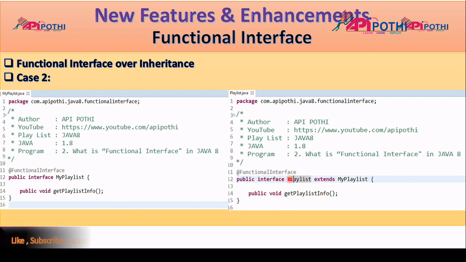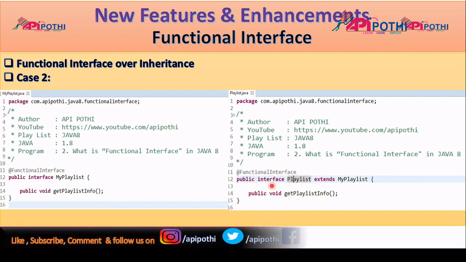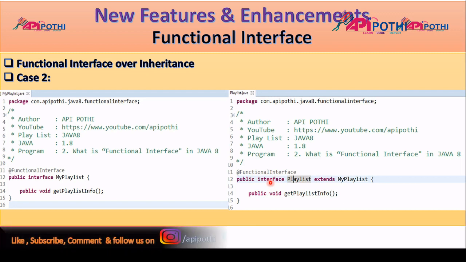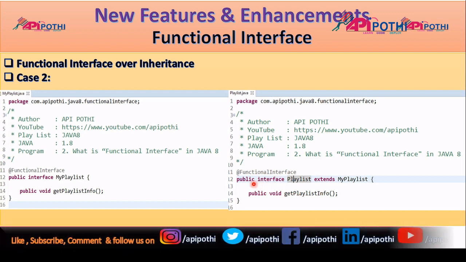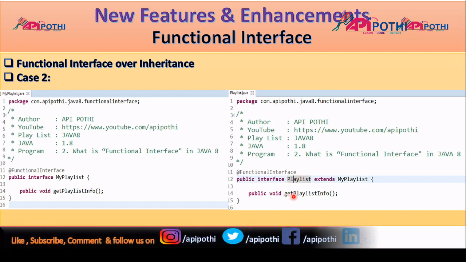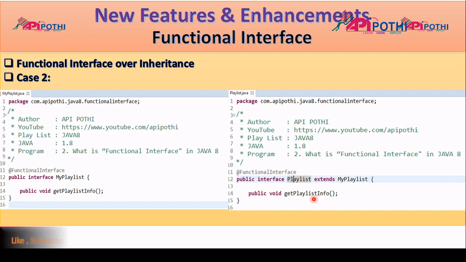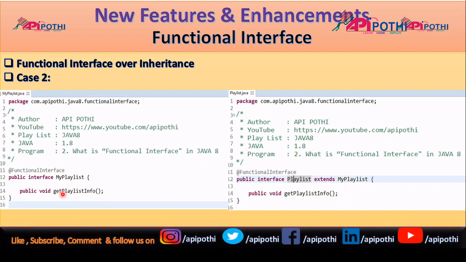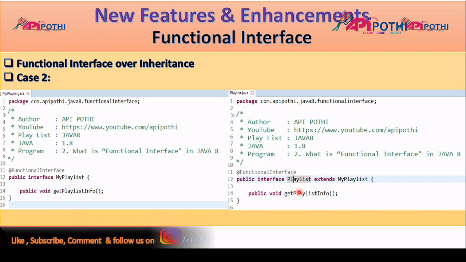So is this Playlist interface called a functional interface or not? Yes, true. The reason is, as per the rule, Playlist should have only one unimplemented method, which it does have.